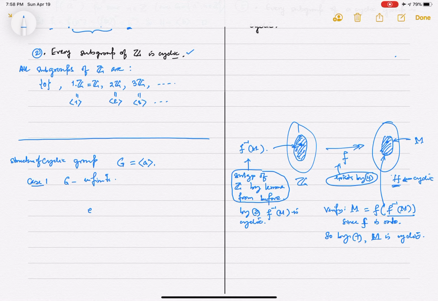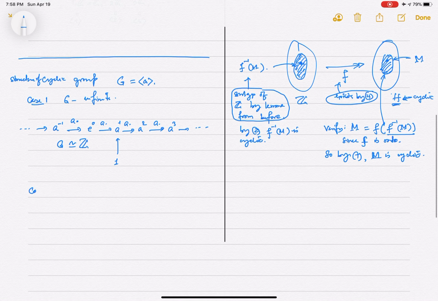Start with the identity, multiply by A, you get A. Multiply by A again, you get A square. Multiply by A again, you get A cube. Keeps going on forever, never comes back because it has infinite order. On the other hand, you could multiply by A inverse, and that would go the other way. So this is what it looks like. So this is A to the 0, A to the 1. So you can see basically that this structure is same as the structure of integers. So in this case, G is isomorphic to Z, you can prove. In fact, just sending A to 1 would be an isomorphism.